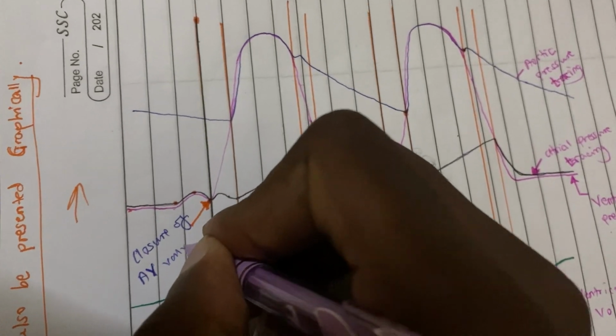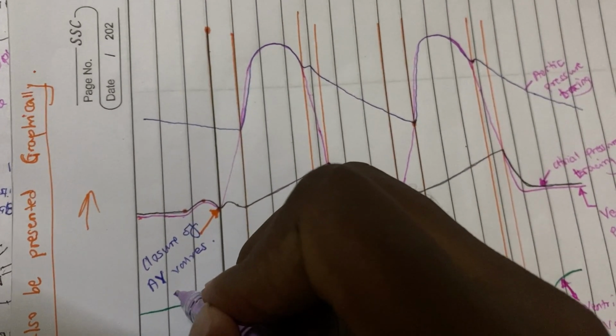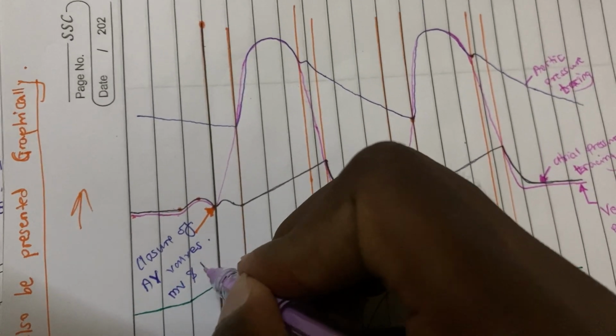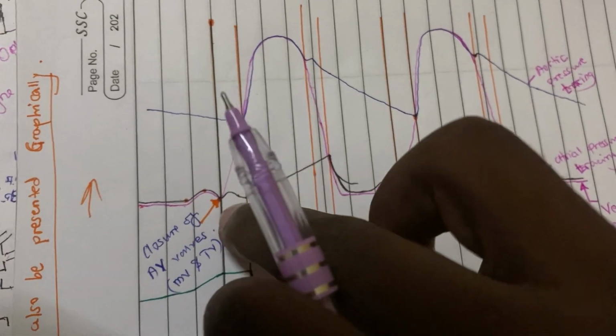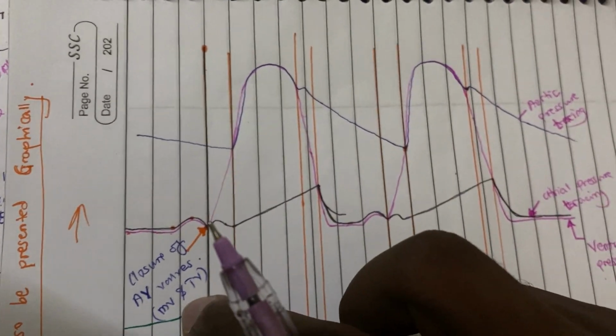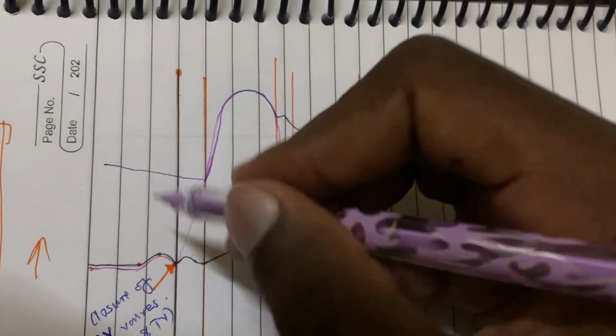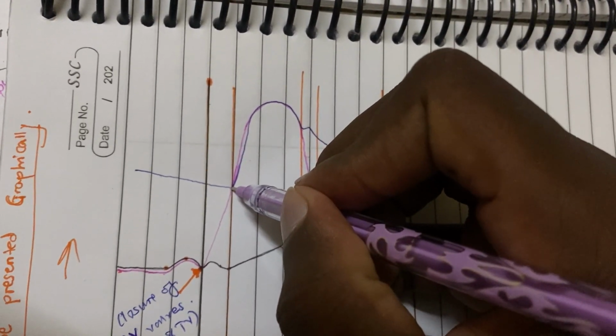The atrioventricular valves, that is the mitral valve and the tricuspid valve, will close at this point. After atrial kick, they will close.